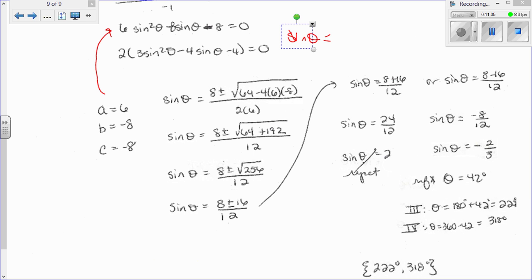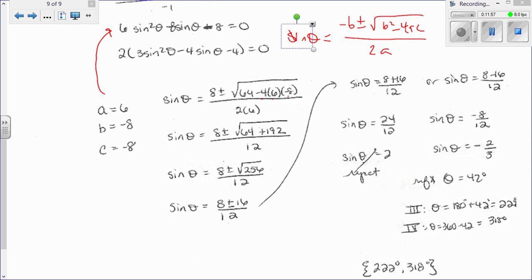So in case you forgot your formula, sine theta is equal to negative b plus or minus the square root of b squared minus 4ac all over 2a. So negative b becomes positive 8 plus or minus the square root of negative 8 squared is 64 minus 4 times 6 times negative 8. So negative times negative makes positive.